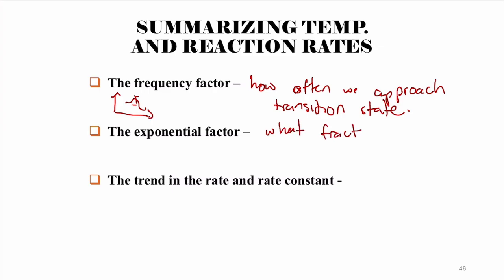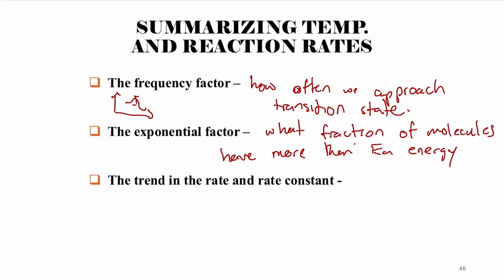What fraction of molecules have more than EA energy? Right? We can approach the transition state as often as we want, but if we don't actually have enough energy to ever overcome that barrier, well, the reaction will never happen.